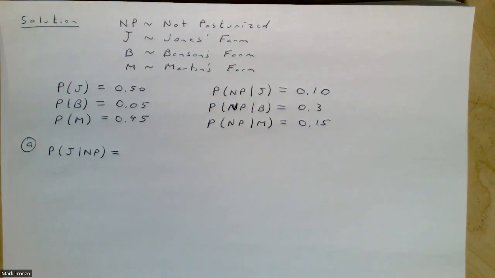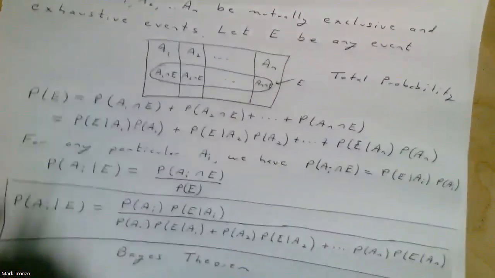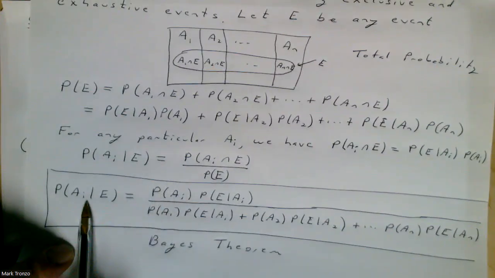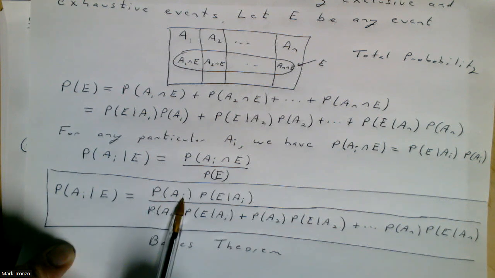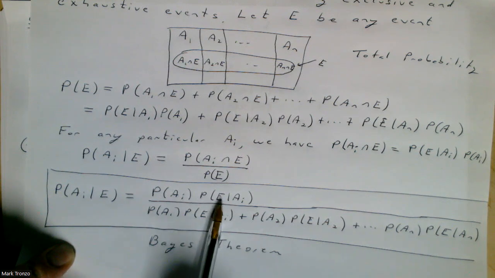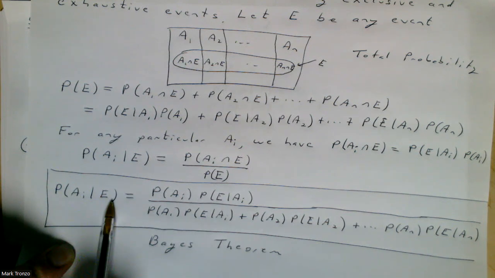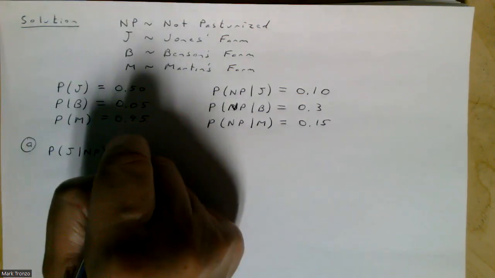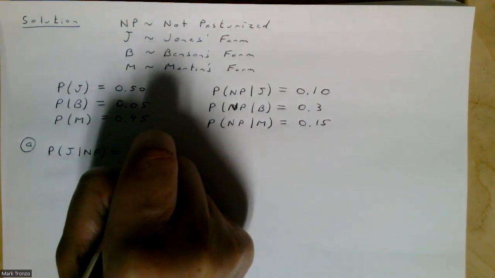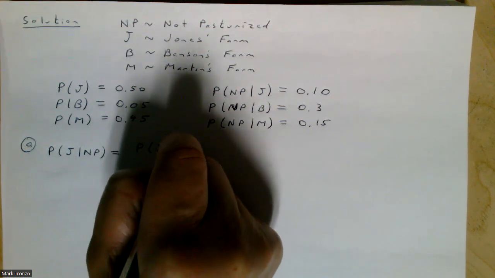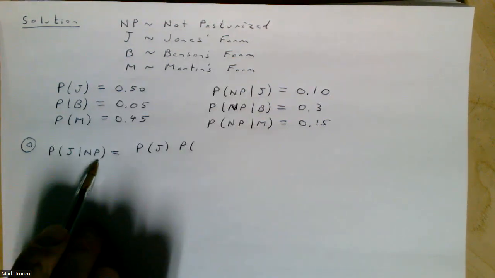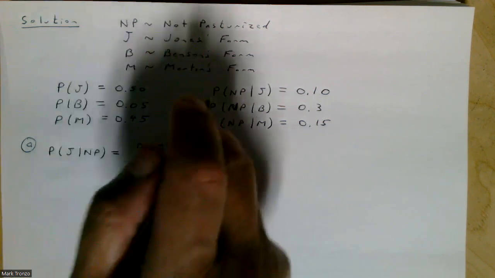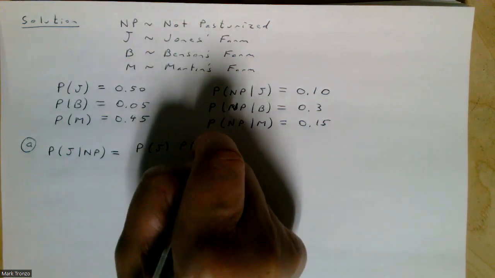And again, we can use our Bayes' theorem, which says, whatever we have here, that first one is going to be the probability of that times the probability of this reversed. So in this case, it's going to be probability of Jones, that it came from Jones's, times the conditional probability of these two reversed.